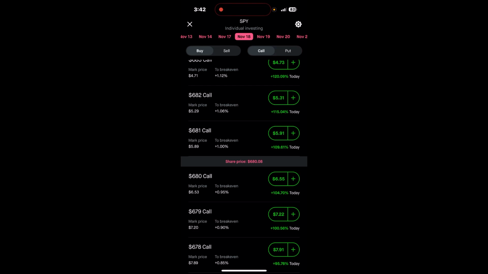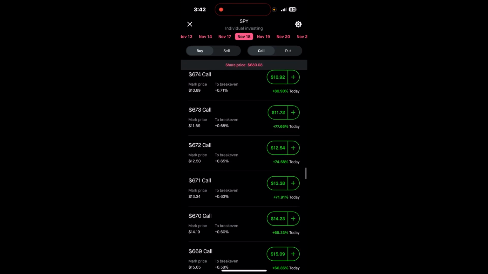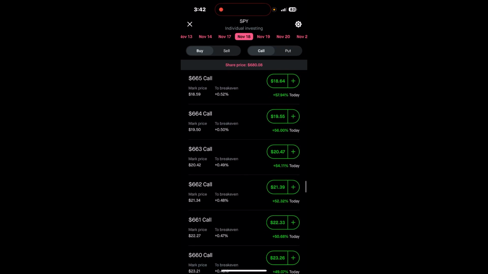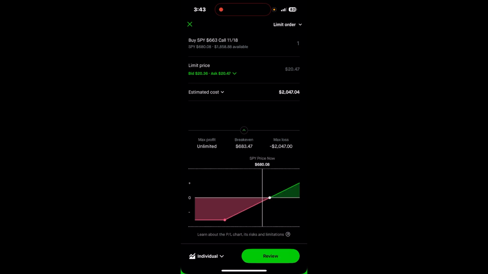I'll show you which ones I look for. I don't do more than, right about here, this $2,000 contract. Per contract is about $2,000. This is the one I would root for, and I would try to get as close to this dot as possible.